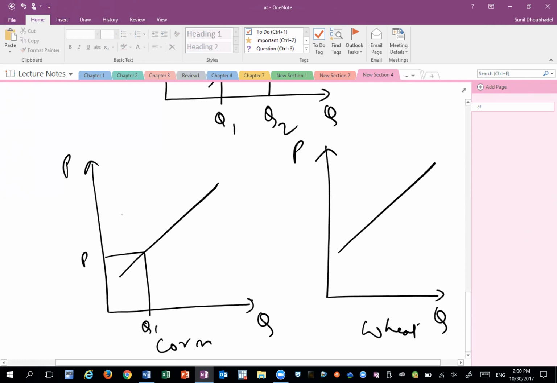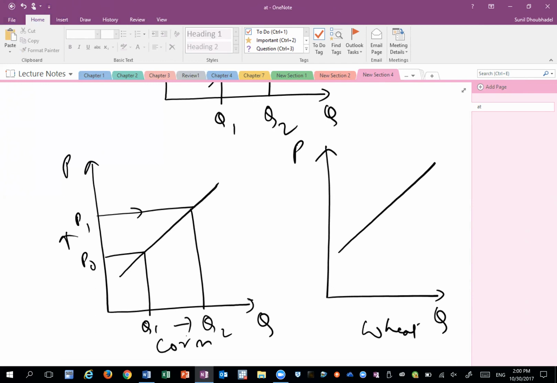If the price of corn increases, from P0 to P1, they will supply more, Q2. So if the producer produces more corn, would they decrease the acreage for wheat or not?